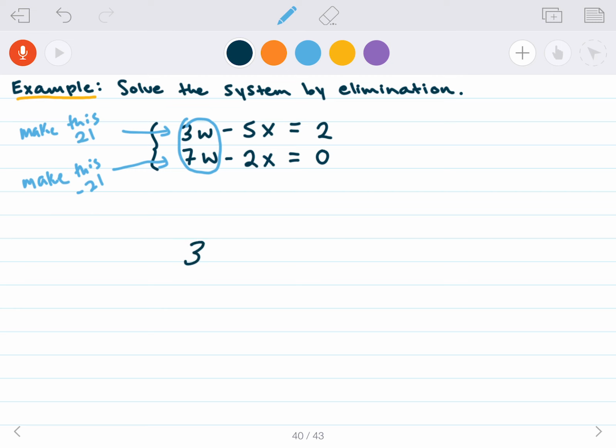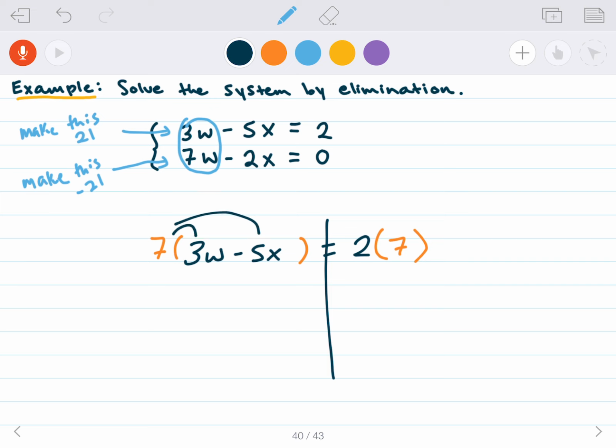So what I'm going to start by doing is multiply both sides by 7 so that I can achieve my goal of making this a positive 21. Whatever I do to the left, I have to do to the right. On the left, I can distribute that 7 in there. 7 times 3w, we get 21w, our goal for the first one.